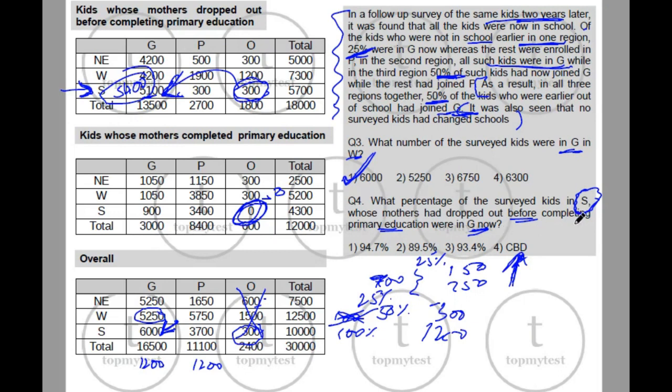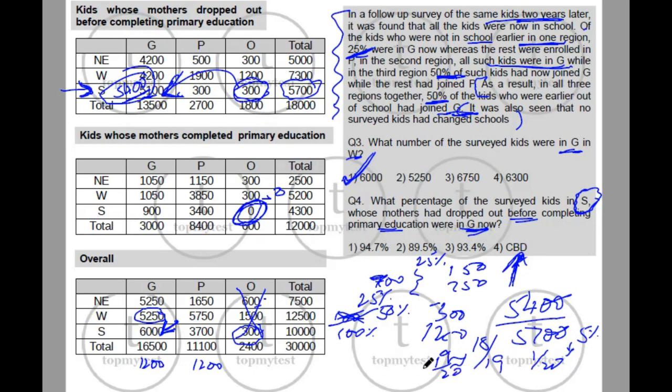Now, what is the question? What percentage of the kids in S whose mothers had dropped out were in G now? Out of the 5700, 5400 are in G. So in percentage terms, it is 54 by 57, that is 18 by 19. 1 by 20 is approximately 5%, so this is very close to 19 by 20. 19 by 20 is approximately 95%, so the number will be slightly lesser than 95%.